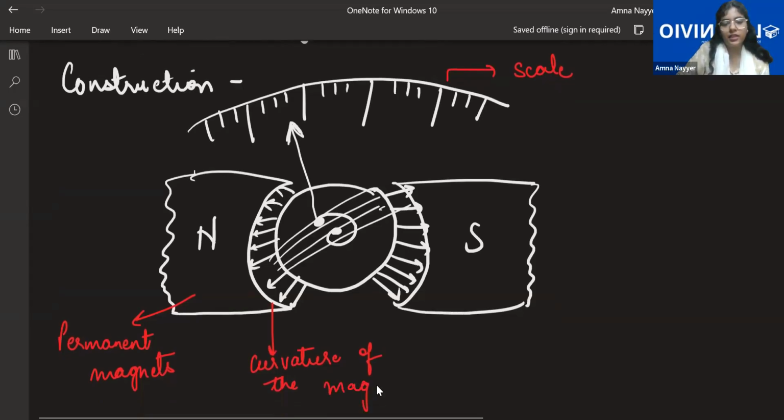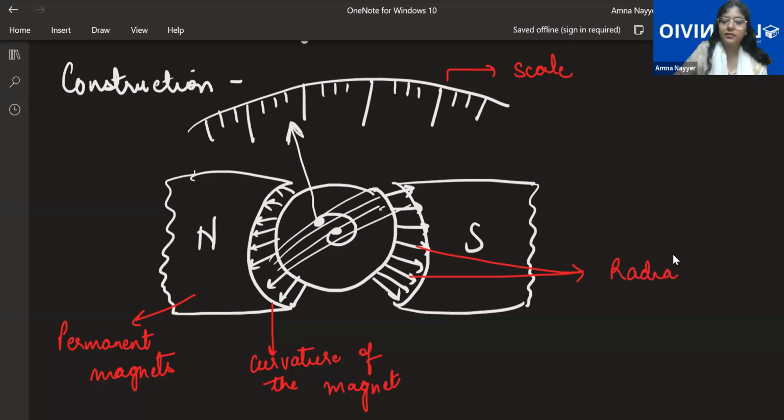This is the curvature of the magnet, and these are the radial magnetic fields. The magnetic field is in the form of a circle. That is what is meant by radial magnetic field lines.